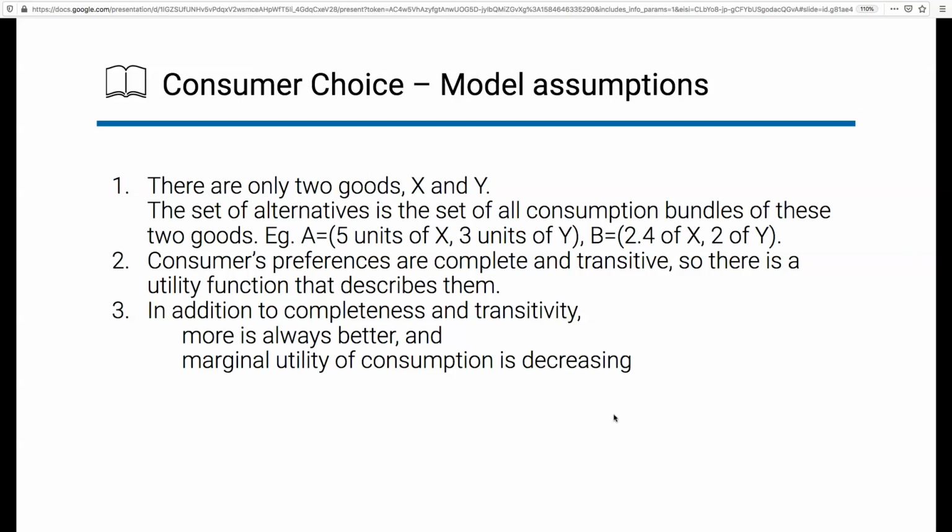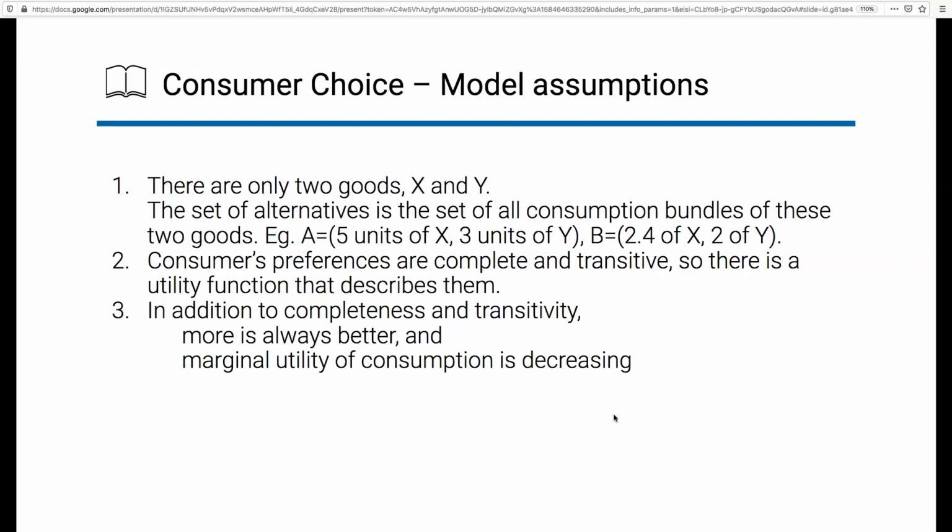And the second additional assumption is that the marginal utility of consumption should be decreasing. That means that the consumer always likes more of some good, but each additional unit of a good will increase utility at a decreasing rate.